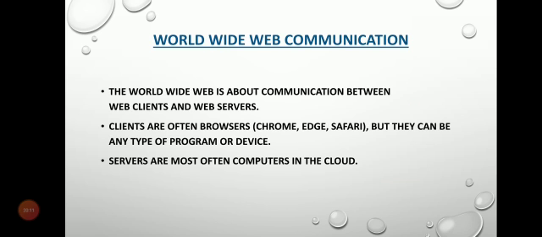The World Wide Web is about the communication between the web clients and the web servers, and the clients are often browsers like Chrome, Edge, and Safari, but they can be any type of program or device. Servers are most often computers in the cloud.